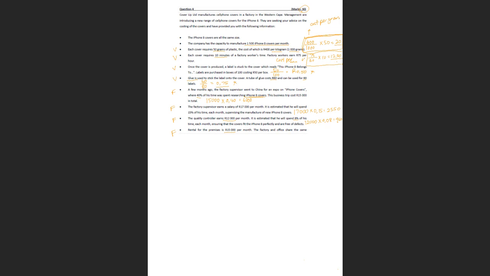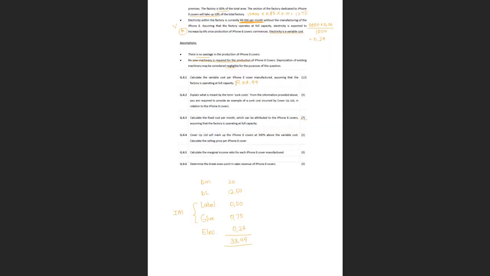Just maybe when you're drawing up your table or you're writing it out as we did here, you can maybe within brackets here just leave a bit of space and show the working out for each one and then the respective value. Okay, so that was your variable cost.